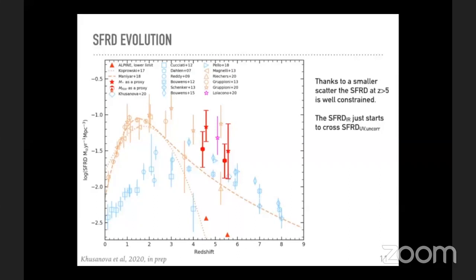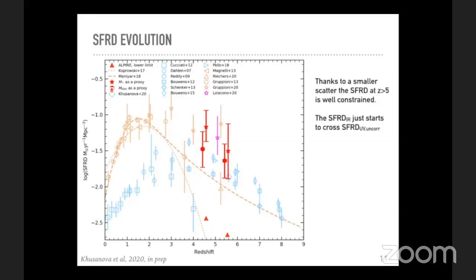And some works which were attempting to constrain the infrared contribution claimed that already at redshifts above 4, the infrared contribution is negligible, as for example the paper of Koprowski in 2017. But with ALPINE we can see that even if we only use the lower limits, which are shown here as red triangles, still we have a very high contribution from the infrared.